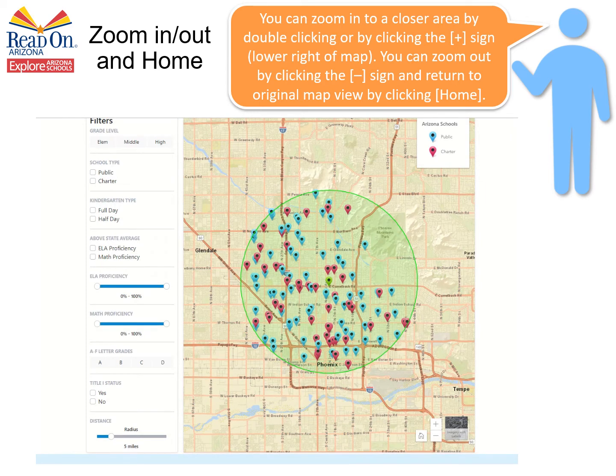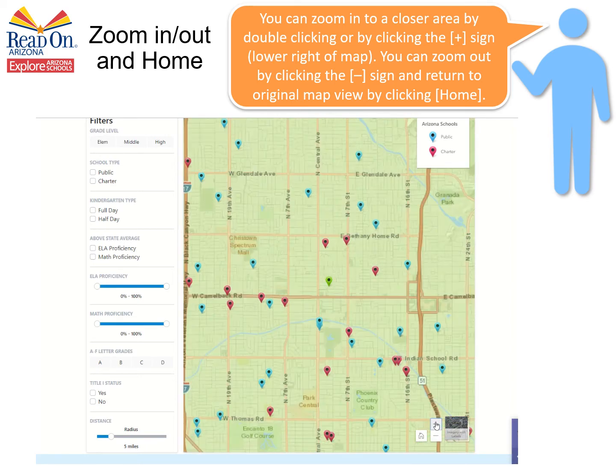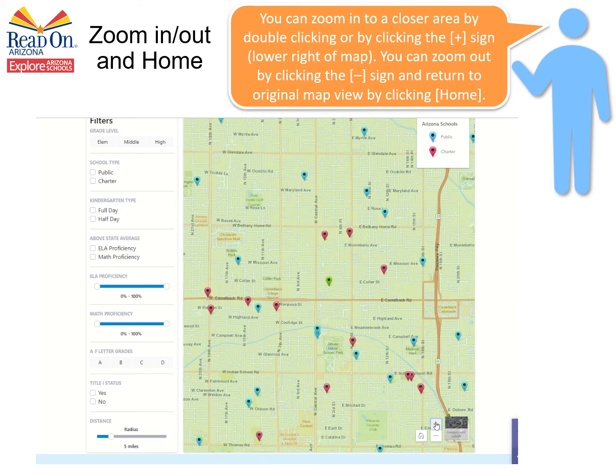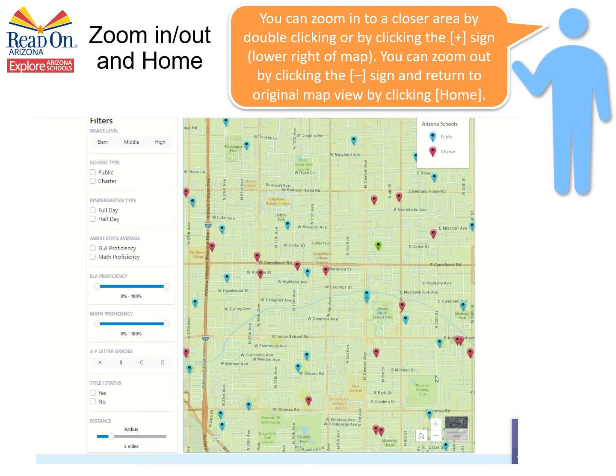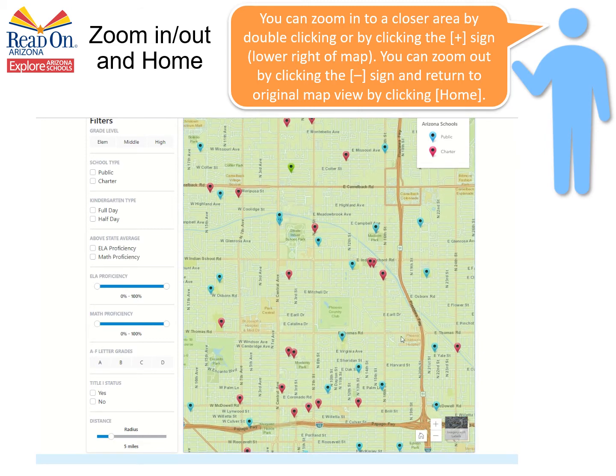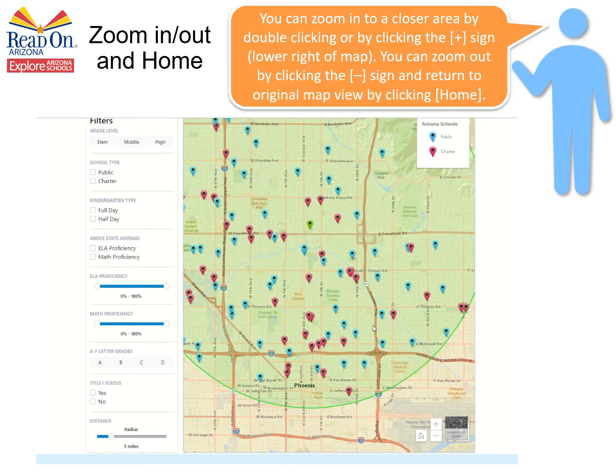Within the map view, you can zoom in to get a closer look at a specific area. You can click on the plus sign on the lower right-hand area of the map to zoom in. Then you can click and drag the mouse to move around on the map. To zoom out, you then would click on the minus button.